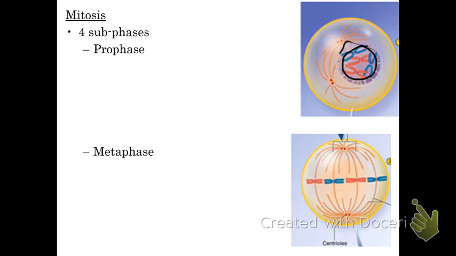Well, what happens in prophase is that the nucleus is going to break down. So I need you to know what different things are happening in the cell during these different phases. So in prophase, the nucleus is going to, I'm just going to say the word dissolve, right? It's going to break down.